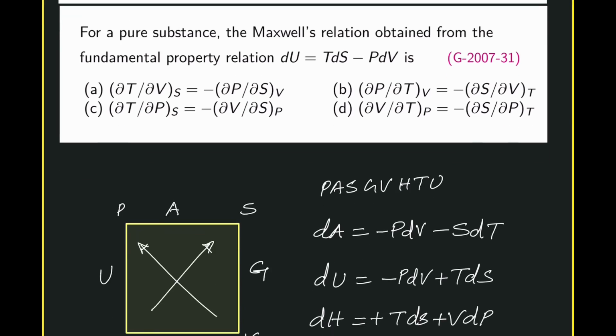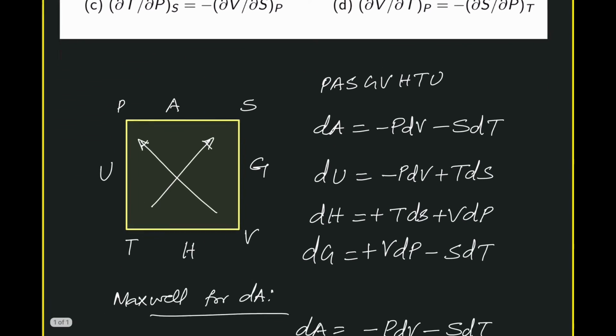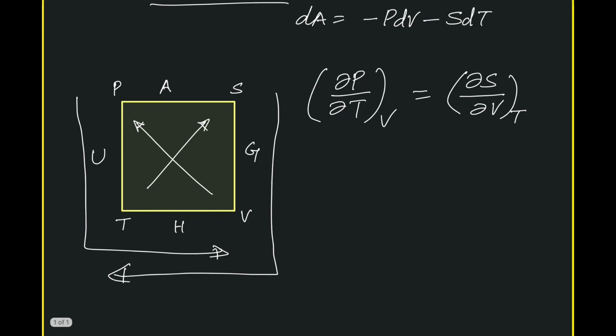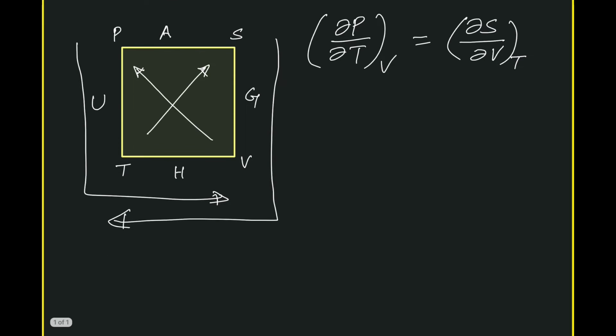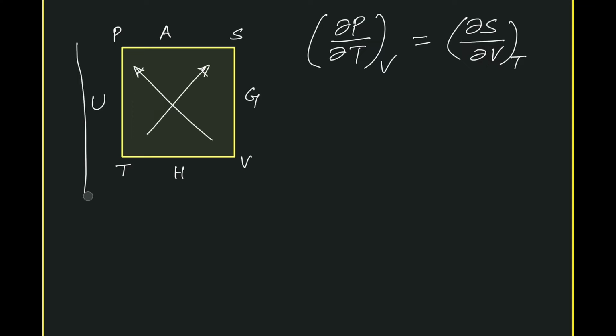The second one is obtaining the Maxwell relation corresponding to dU. So let us now draw this same thing for it. We can even clear this, I will clear these lines. Fine.